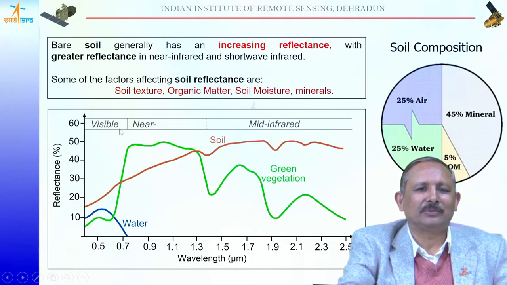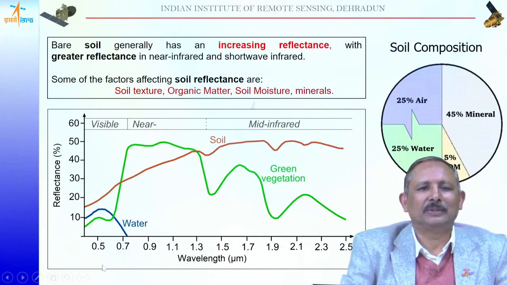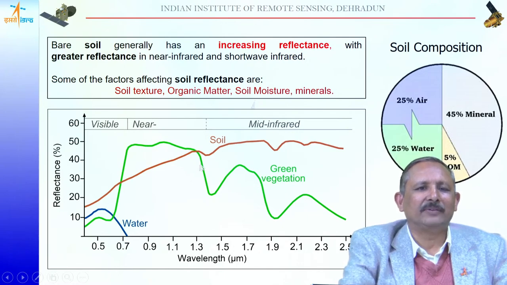You are aware that in different spectral bands the reflectance is changing. In the case of soil, from the visible wavelength region to the near infrared, reflectance goes on increasing, and after that we are getting an absorption peak. Here you are getting the absorption peak.